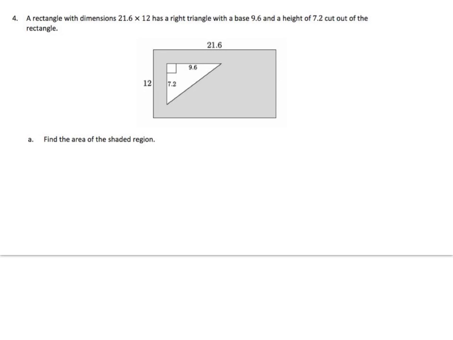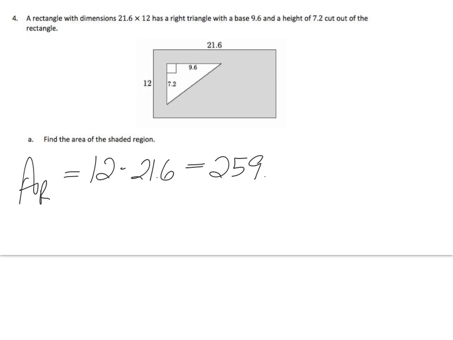For this one, it looks like I have a rectangle with dimensions 21.6 times 12. And then a triangle with a base of 9.6 and a height of 7.2 cut out of it. And we're trying to find the area of the shaded region. So what I'm going to do is calculate the area of the rectangle and then take away the cutout, subtract the area of the triangle. So area of the rectangle is length times width, 12 times 21.6, 259.2.